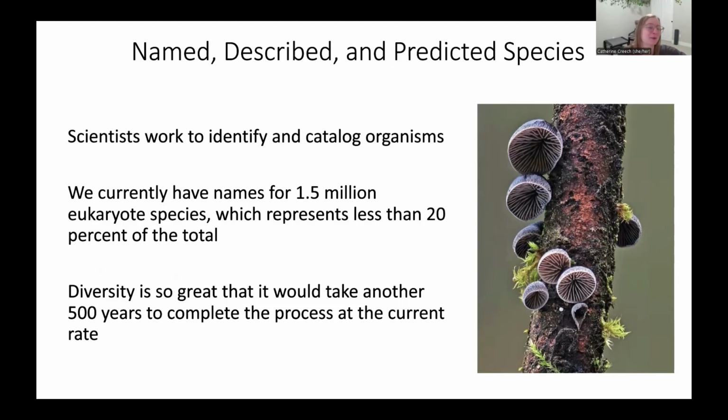So we have 80% of the eukaryotes left undescribed, unwritten up. We know for fungi that we've only got 5% classified. 95% is left to be classified, and that is super exciting. There's so much work to do. If we go at the rate that we're currently going at, we think it will take us about 500 years to classify everything on Earth.